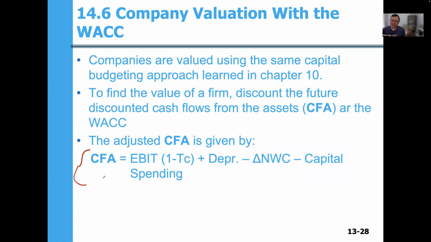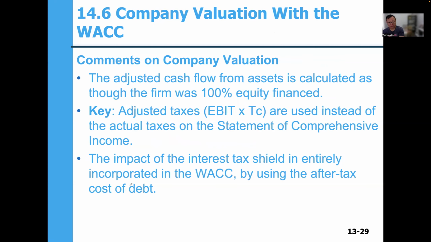Okay, so the taxes are approximated in this model by EBIT times tax rate, okay? So this model is slightly different from the ones you have learned, because it used to be that EBIT and the taxes are separate in that equation. But in this case, the EBIT and the taxes are combined through the tax rate.